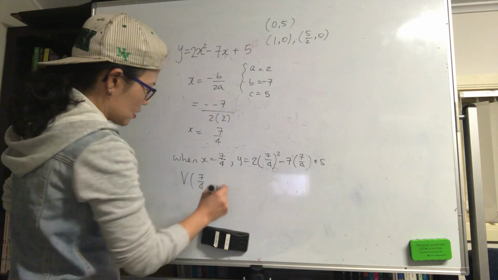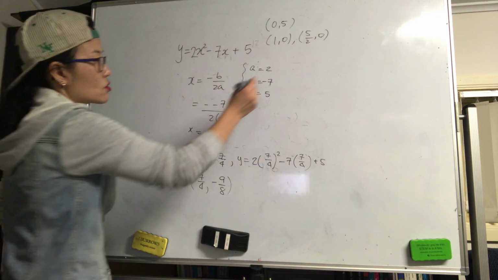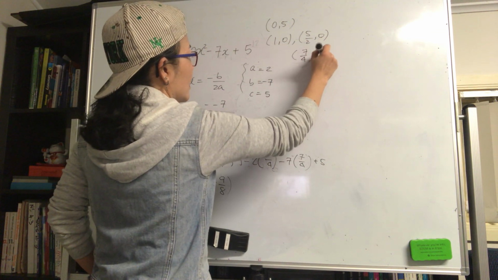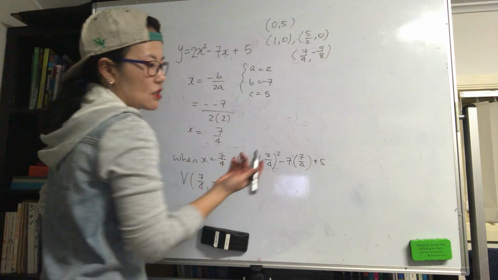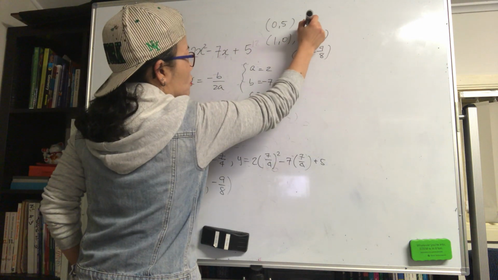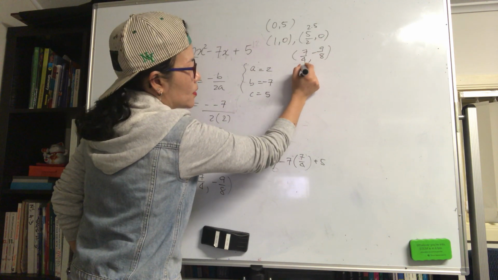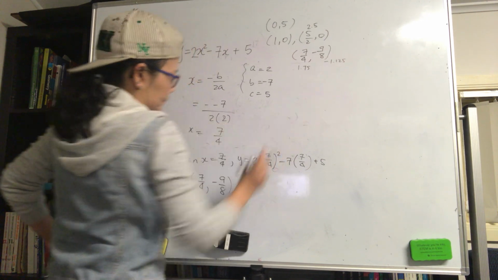My calculation says 9 over 8 for my y value, so the vertex would be 7 over 4, minus 9 over 8. But let's put in decimals so it's easy for us to sketch. So it would be 2.5 here. This one is 1.75. This one is minus 1.125.